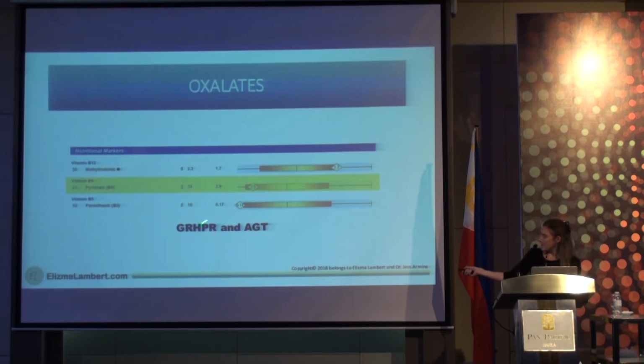The 2 enzymes involved in these reactions contributing to glyceric and glycolic acid formation are glyoxylate reductase and alanine glyoxylate aminotransferase, and they're both dependent on vitamin B6 as a cofactor. So it makes sense that if you see these markers elevated, you do want to look at the vitamin B6 marker, which is this one here, in conjunction to see if it's low. And you can see in this test result, it is testing a little bit lower there.